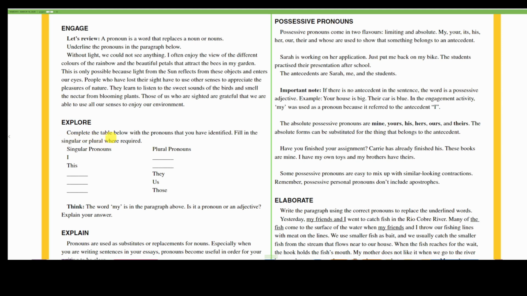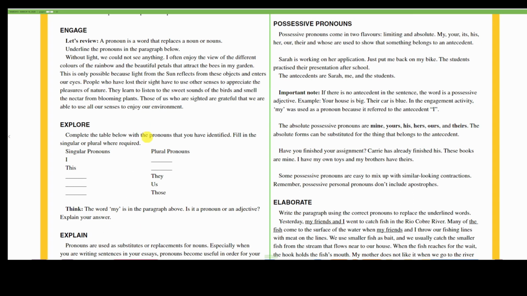Now it says explore, complete the table below with the pronouns you have identified and fill in the singular or plural where required. Think. The word my is in the paragraph above. Is it a pronoun or an adjective? Explain your answer.